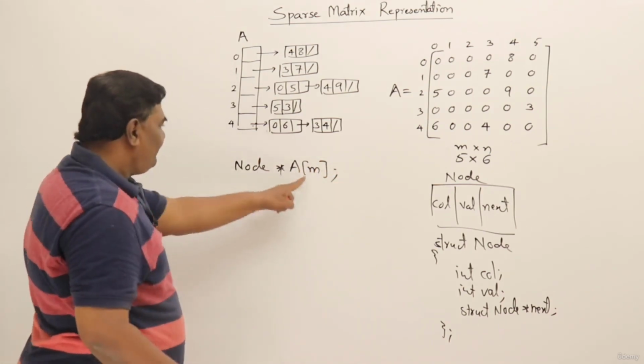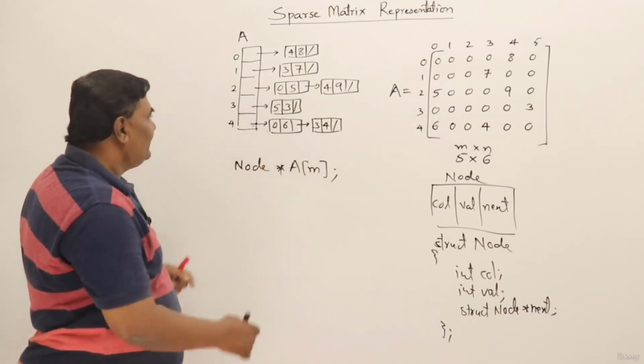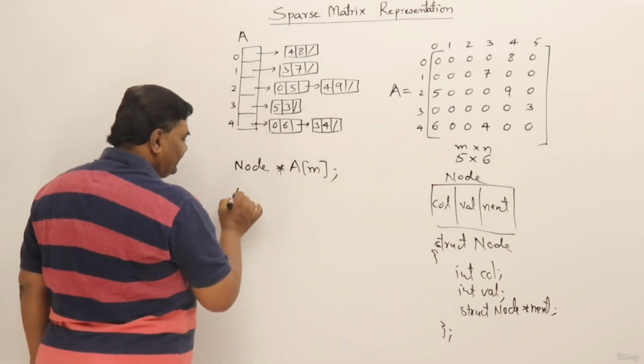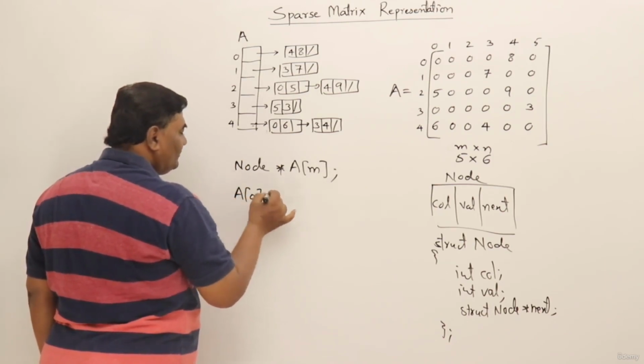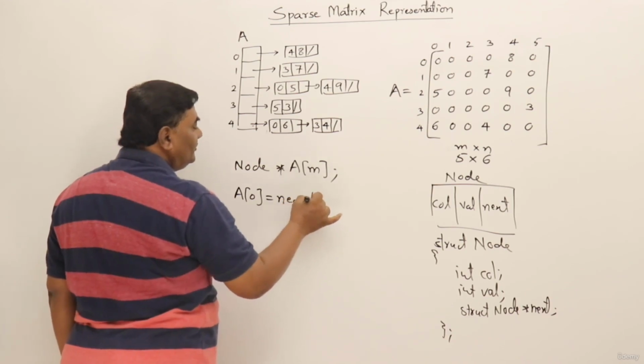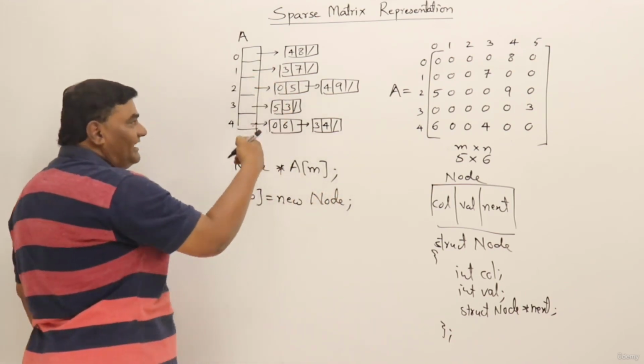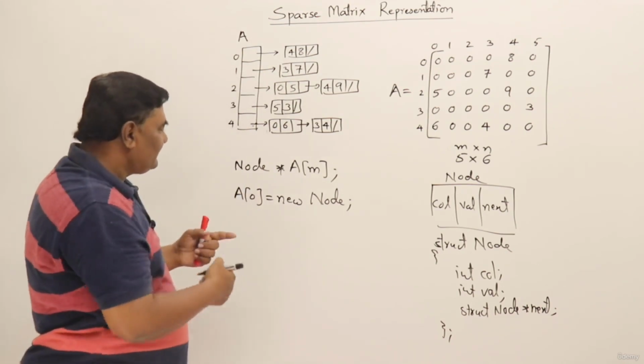This is an array of pointers of size m, whatever the size is. Then at each location, let us say A of 0, assign a new node. I am just assigning one node. Like this, I have to create all these linked lists.